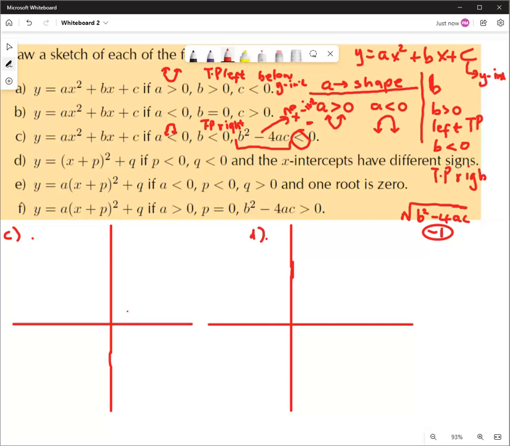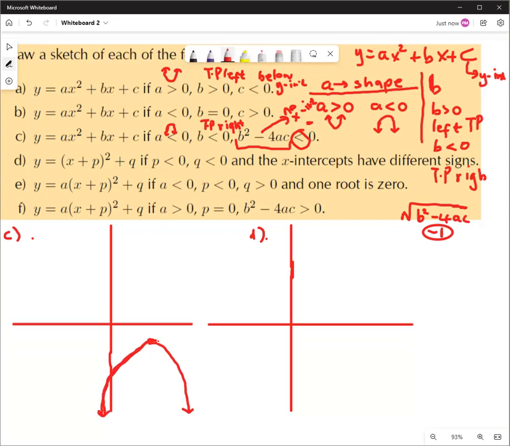But if I'm here, I'm going to go something like this, right? Which means I'll touch the x-axis if I'm in the first quadrant. So I know I have to definitely be in this quadrant then. So my turning point will be somewhere there. And then I know that I'm going down like that, right? So my parabola will look something like this.